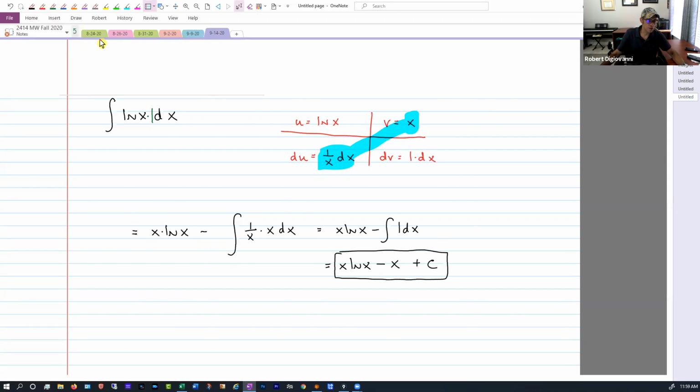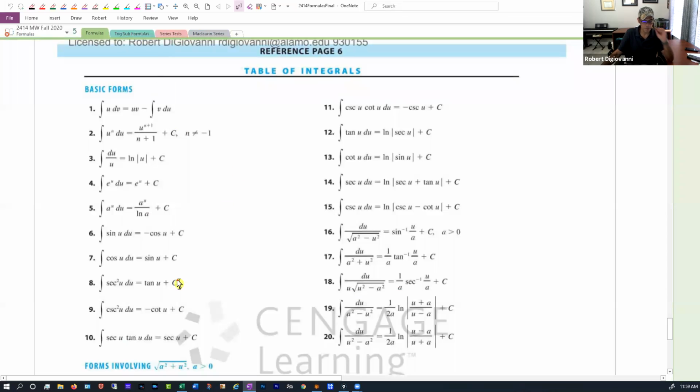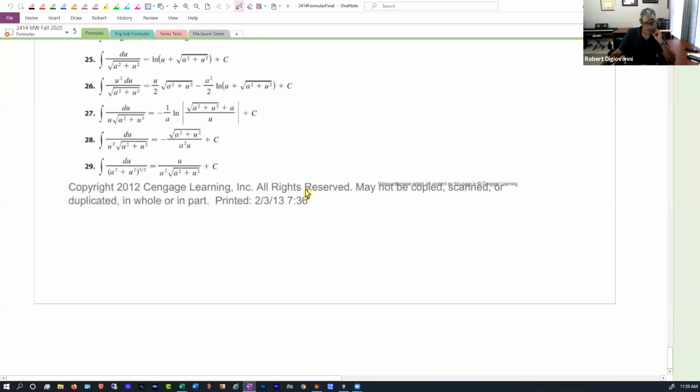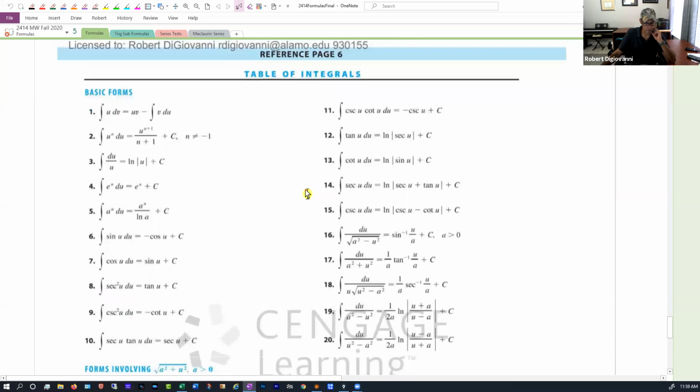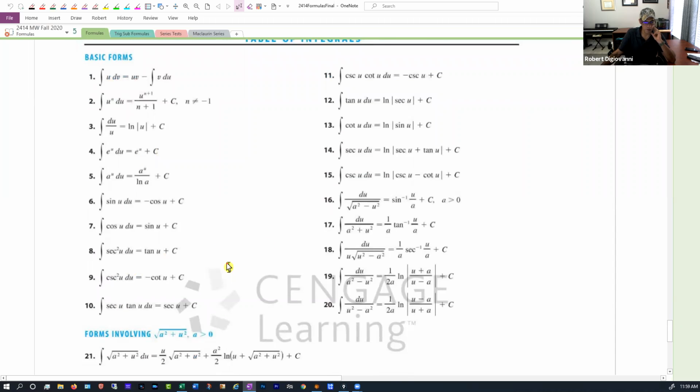On your formula sheets, if you look at your formulas, it's crazy. There's a lot of formulas here, but do you notice that the antiderivative of natural log is not on here? You see that? So you're not supposed to add anything to your formula sheets for the test, but I'm going to officially allow you to add to this just over here on the side.